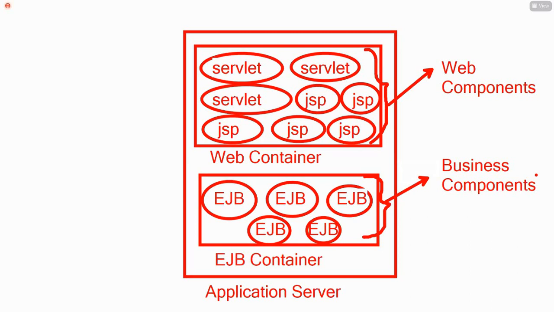So servlet runs in web container. Web container is available in web server also, application server also, so any server we can use. But if you want to run EJB, enterprise applications, then an application server is compulsory. If you want to run EJBs, an EJB container is required, so only an application server. For servlet programs, any server we can use.